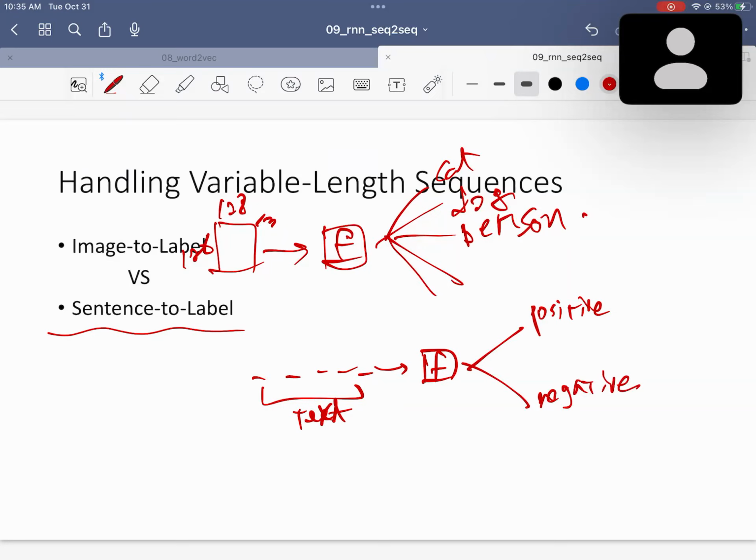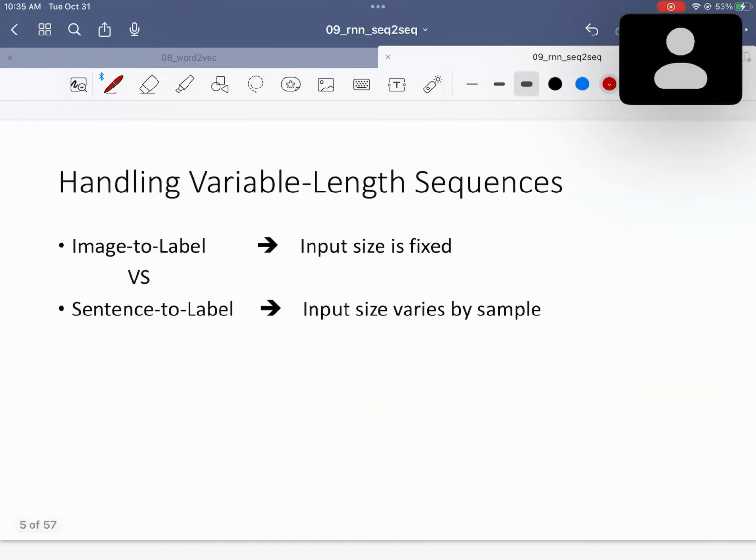You can train your model up to 128, 200, or 300 tokens and set a limit, but you don't know how long sentences the users will bring into the model. So handling variable length in a sequence is the crux of the problem, the spirit behind using RNN.